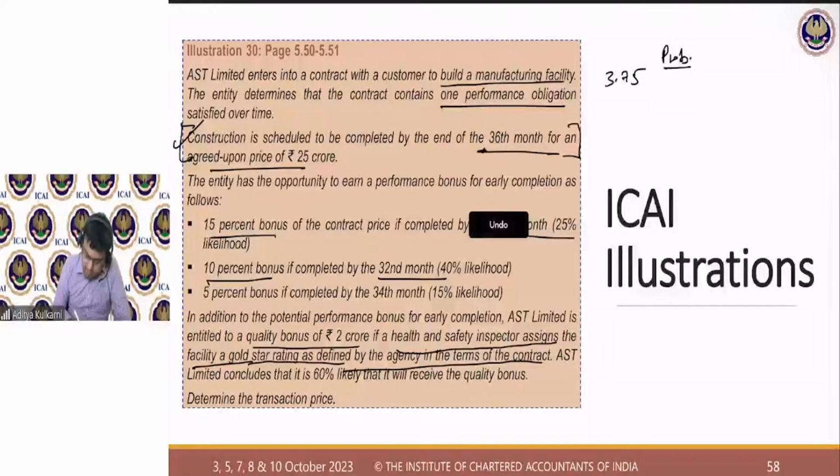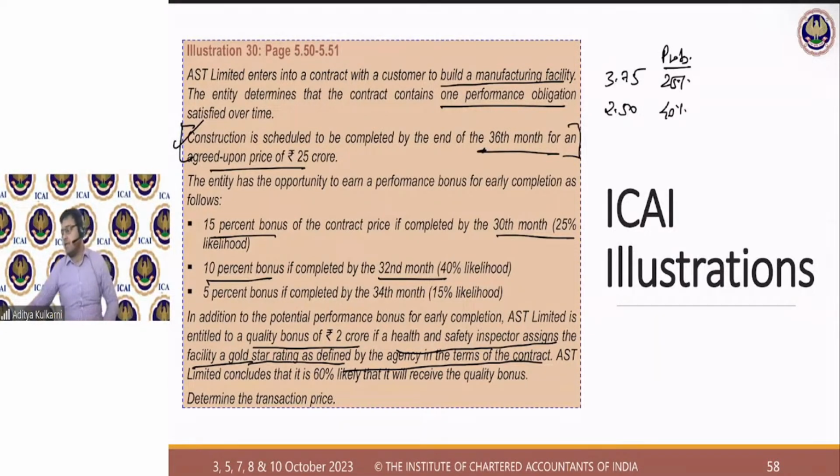Probability of this is 25%. You are likely to get a 10% bonus. So 25 into 10%, that means you are likely to get a 2.5 crore bonus if completed by the 32nd month with a 40% likelihood. Okay.